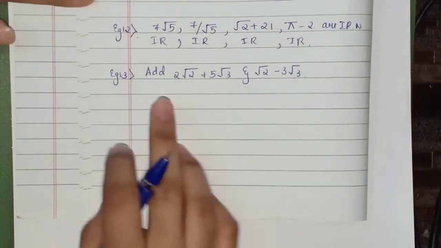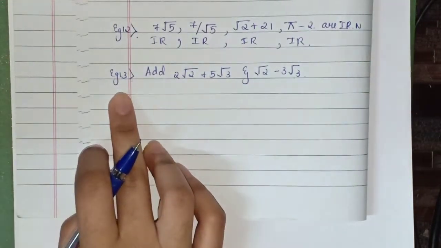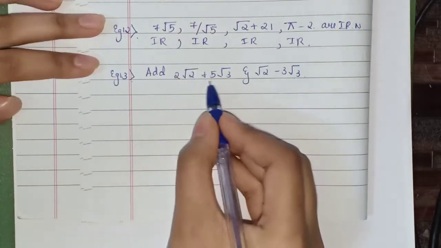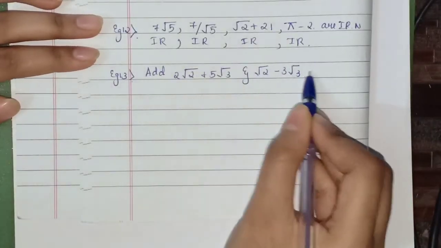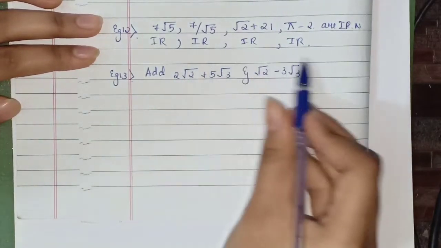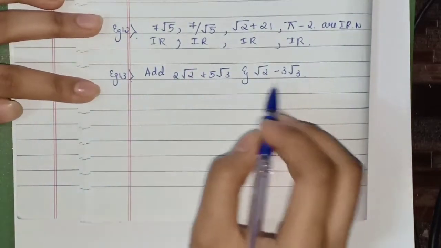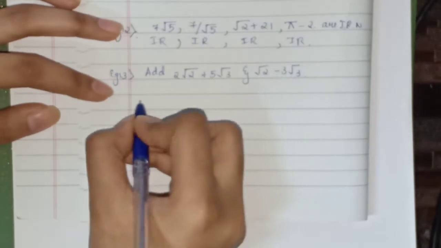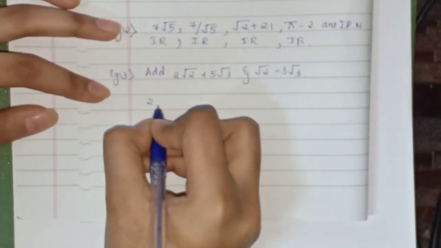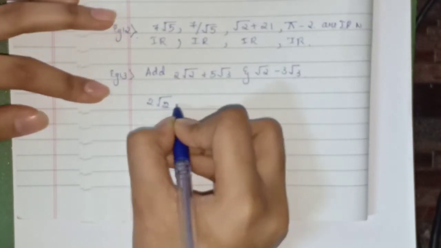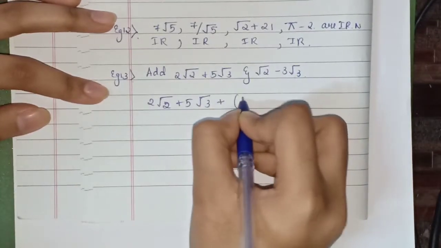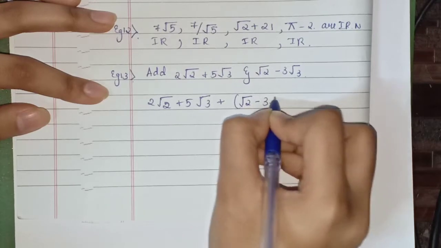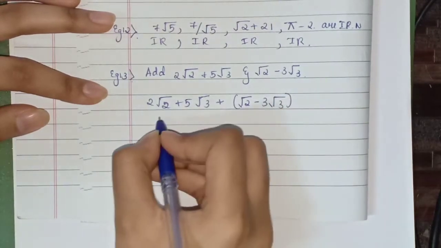The next question is example 13. They are asking you to add 2 root 2 plus 5 root 3 and root 2 minus 3 root 3. They are asking you to add both of these terms. These are simple. Let me tell you how. First, put them in an equation form, which is 2 root 2 plus 5 root 3 plus root 2 minus 3 root 3.